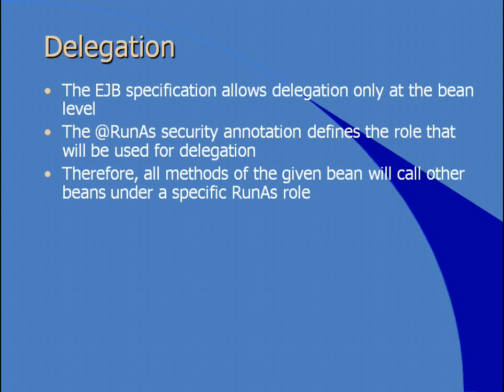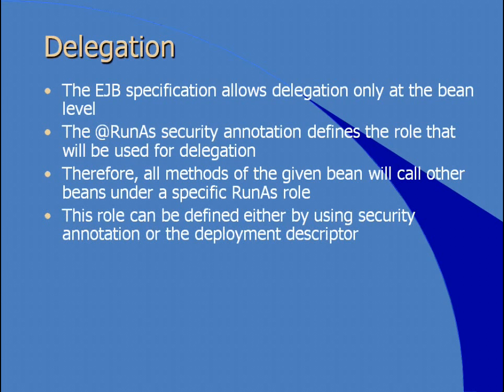When we use this, all methods of a particular bean will call the other beans under a specific role as defined with the @RunAs annotation. This role, just like in our web deployment descriptor, if you're using @Role or @RunAs, can be defined either by using the security annotation or using the respective deployment descriptor.